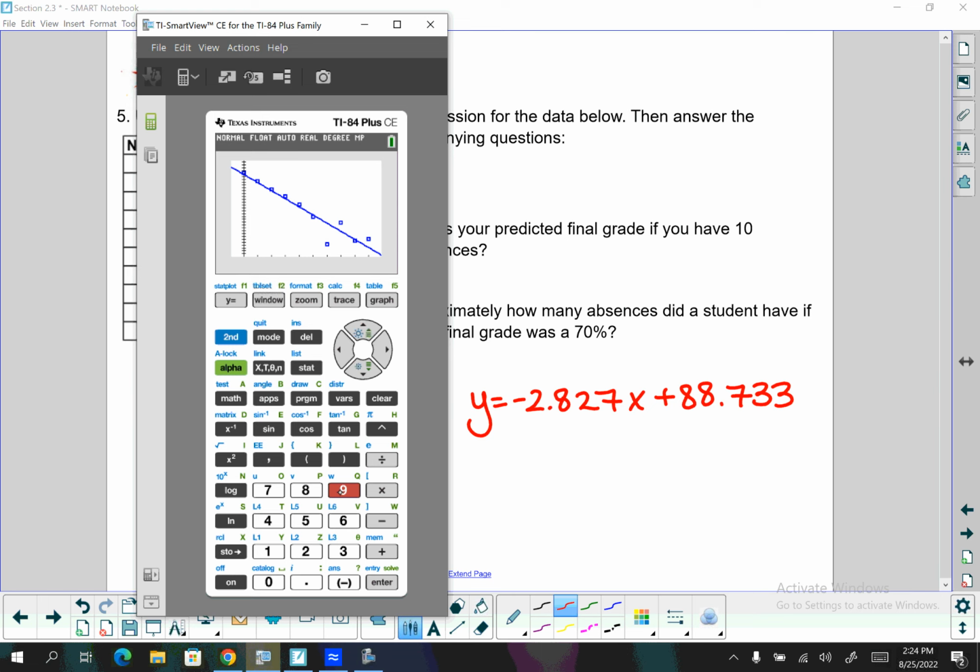Okay. I don't know. Usually it's a pretty easy fix.